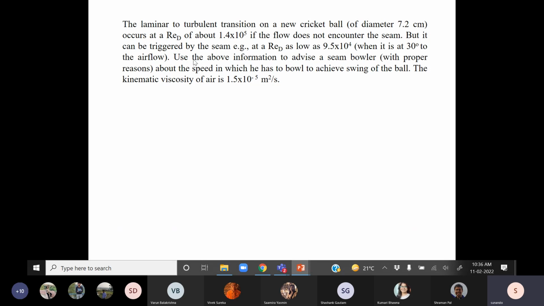But it can be triggered by the seam at a Reynolds number as low as 9.5 x 10^4. So from 1.4 x 10^5, the turbulence can take place when the Reynolds number is 9.5 x 10^4. Use this information to advise a seam bowler about the speed at which he has to bowl to achieve swing of the ball. The kinematic viscosity of air is provided.